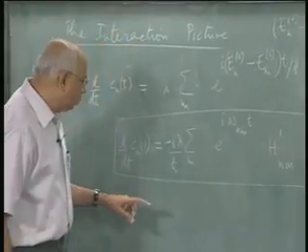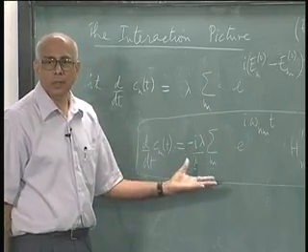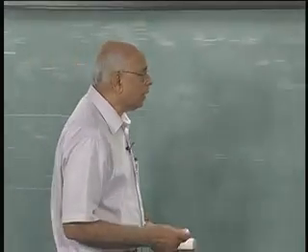So what I will do next time is to take this equation and apply it to the simplest possible case, and the case I am interested in applying it to is the following.